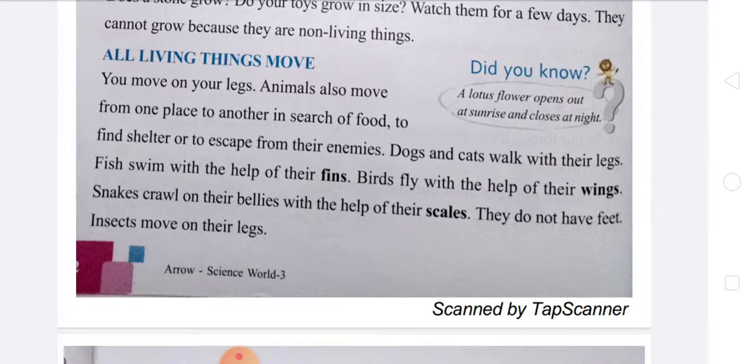Fish swim with the help of their fins. Birds fly with the help of their wings. Snakes crawl on their bellies with the help of scales. They do not have feet. Insects move on their legs. All living things can move. This is another feature of a living being.